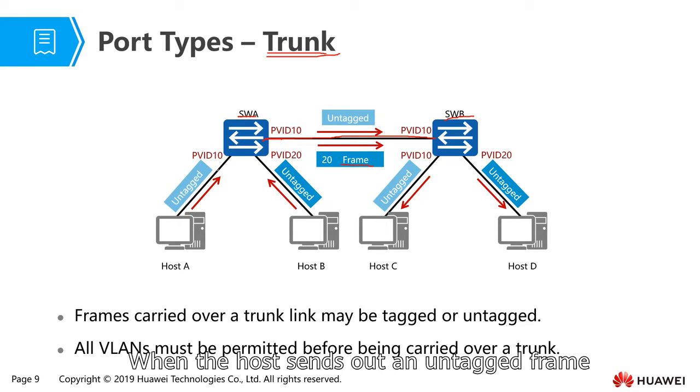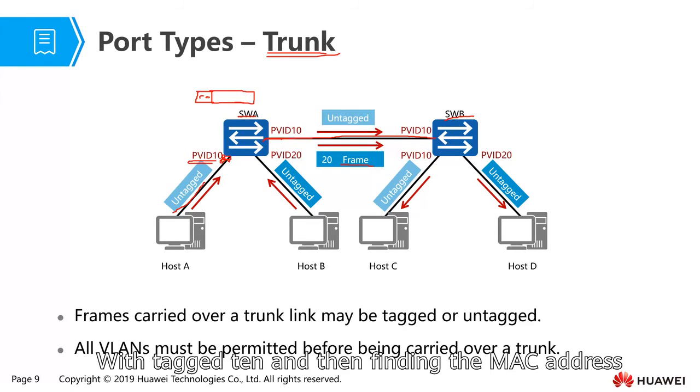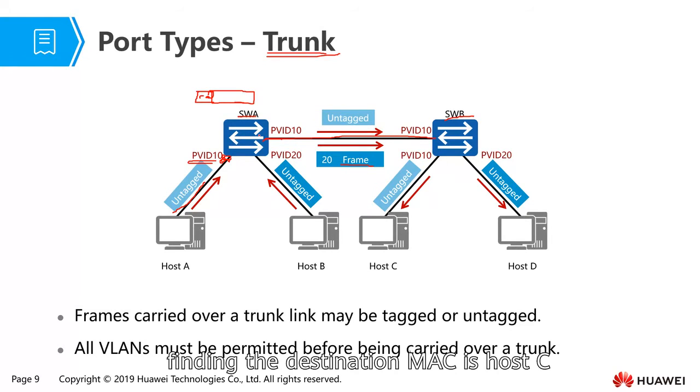So when the host sends out an untagged frame, the switch gets this frame. Of course, the PVID of this interface is 10, so the switch will tag the frame with 10, then look up the MAC address, find the destination MAC is host C, and forward it out on this interface.